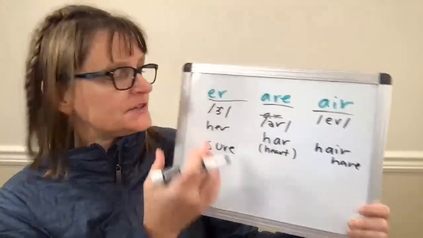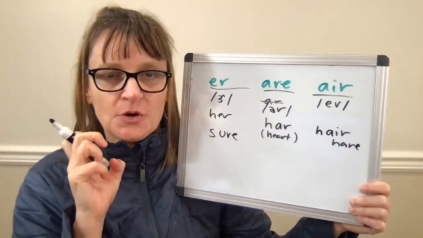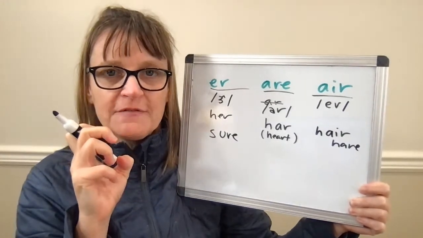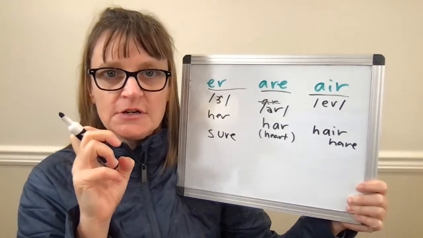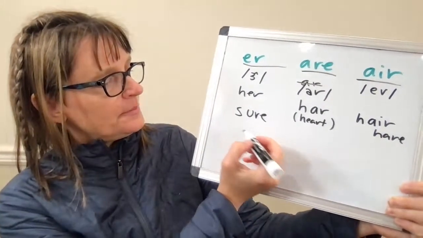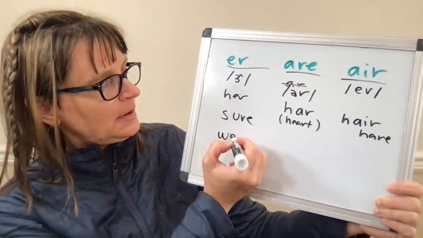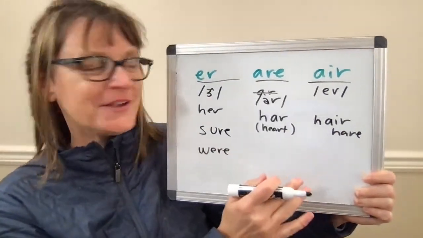So the difference is when I'm saying the sound, my tongue is back and tight, and it's only one sound. There's no movement of the tongue. It's just her, sure, bird, your, etc. Were.